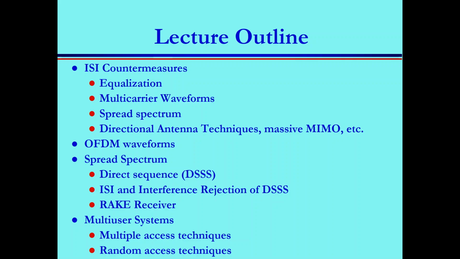Then we move to discussing these things in detail: OFDM waveforms, then spread spectrum, both types, direct sequence and frequency hopping spread spectrum. And then we talk about interference rejection in direct sequence spread spectrum and the rake receiver in CDMA. Then we also explain multi-user systems, the downlink and uplink channels, multi-access techniques, and random access techniques.